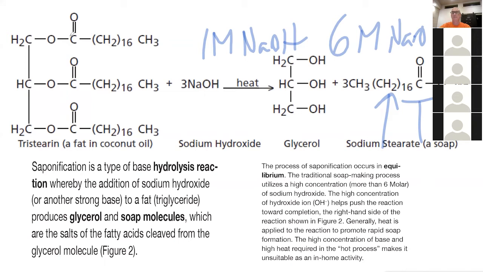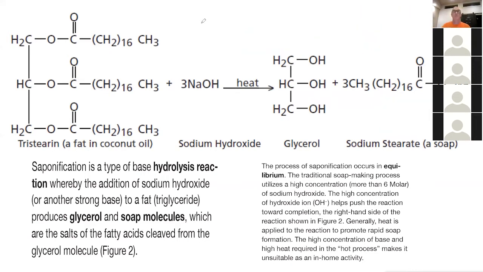Not something we want to be doing on our stovetops with very, very concentrated sodium hydroxide. That would be a bad idea. It's a fairly dangerous reaction. 6 molar sodium hydroxide is something you don't want to mess with. That will put a burn on you that will be quite severe. 1 molar sodium hydroxide is bad enough.